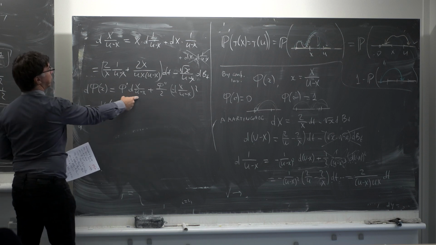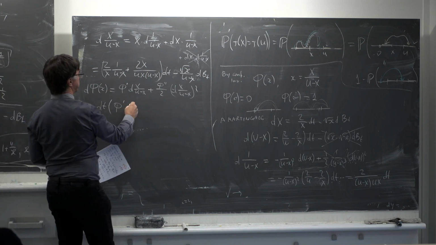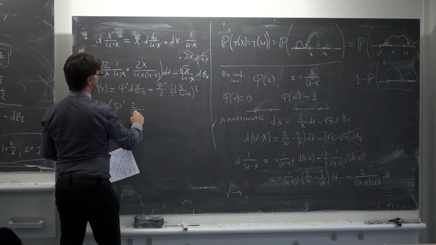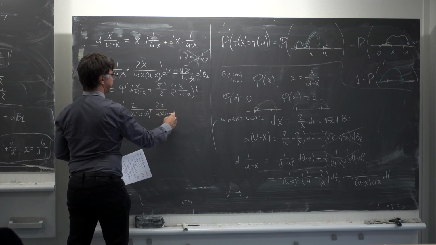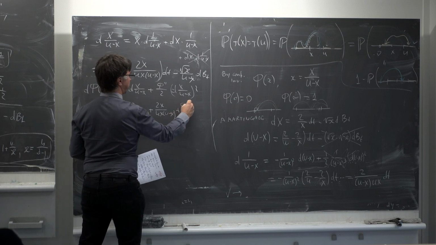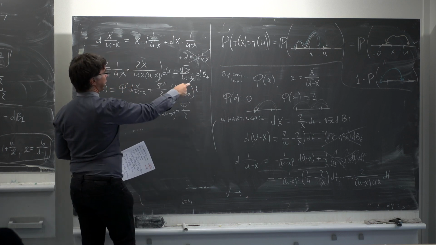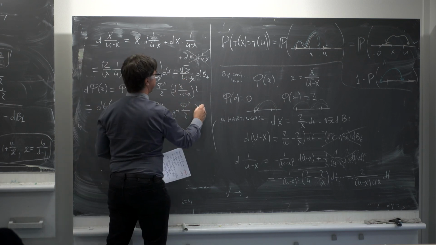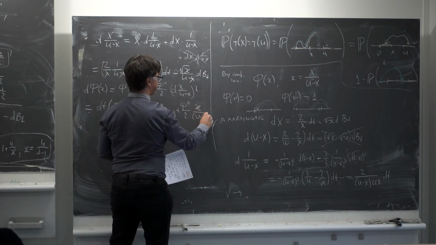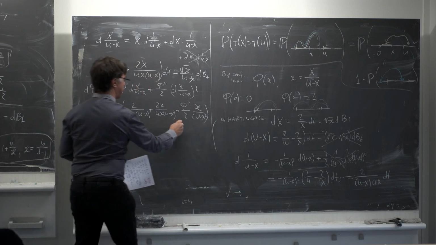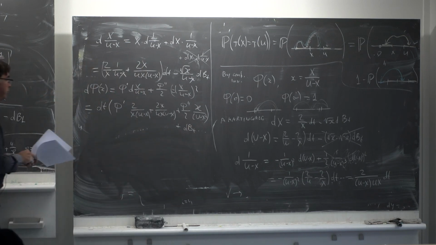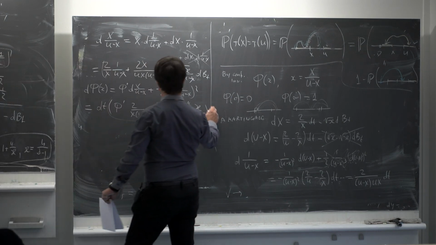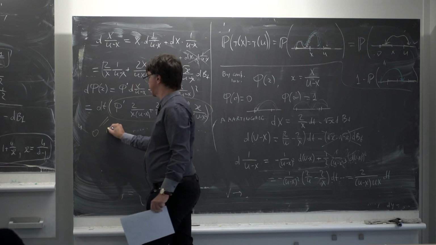The phi prime will give me 2 over x(u minus x) plus 2 times x over ux(u minus x). And the second one will give you phi prime prime over 2, and then you need to square this coefficient, so it's kappa over (u minus x) squared. So this is dt plus some dBt term. Martingale means that this drift is 0, because it's a martingale.